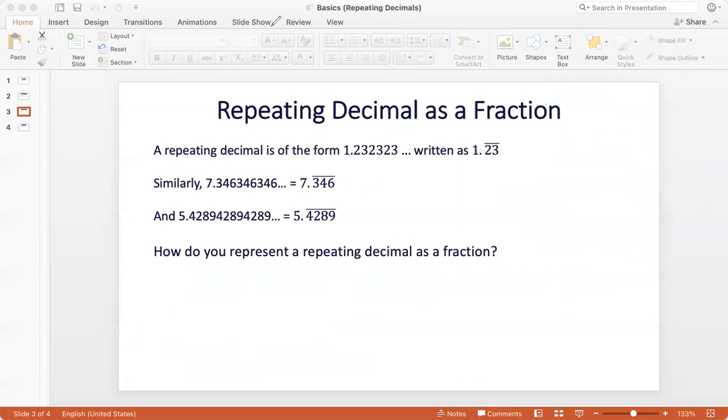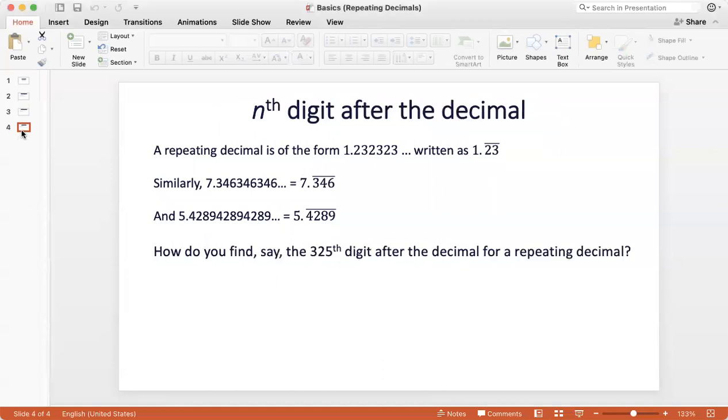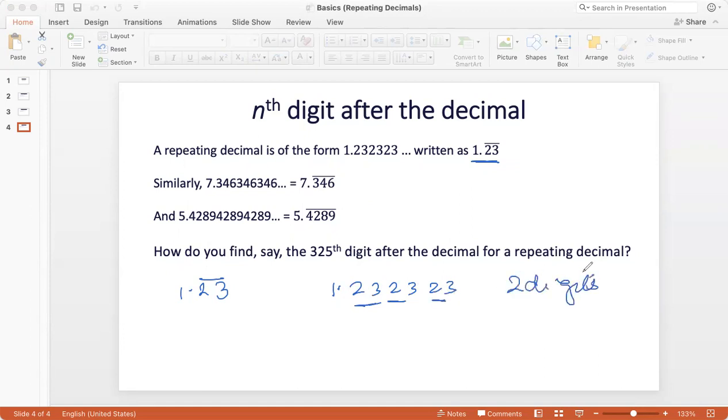Okay, let's look at the other question type where you have to find the nth digit after the decimal. So let's say I have to find the 325th digit after the decimal for this one, 1.23 bar. Now, if you think about it, this is 1.232323. So it repeats after every 2 digits.